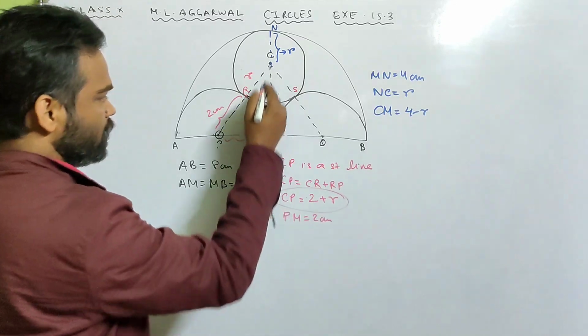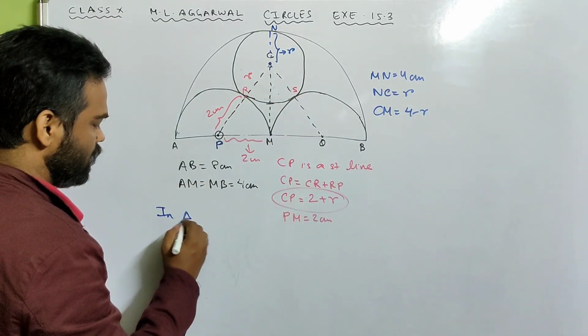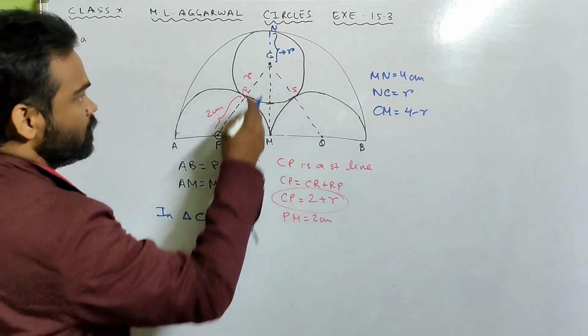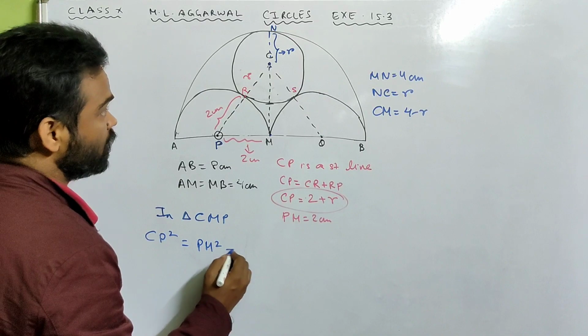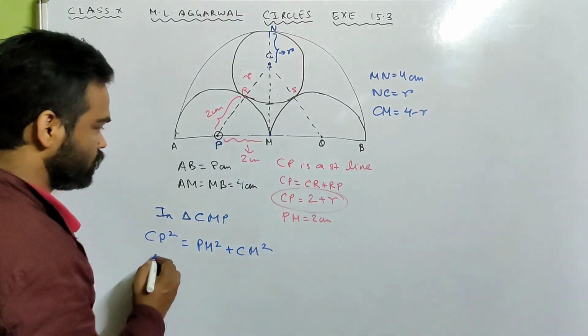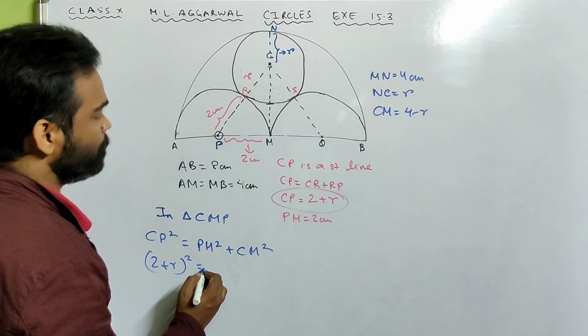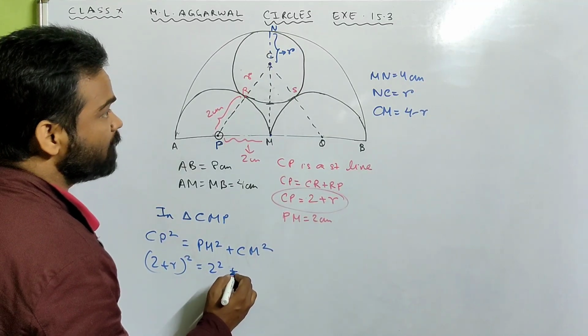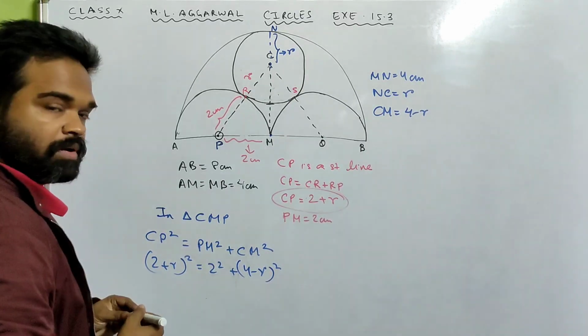Now Pythagoras theorem. In triangle CMP, look carefully. CP square is equal to PM square plus CM square. Substitute the value. CP is 2 plus r whole square, PM is 2 square, CM is 4 minus r whole square. Yes or no?